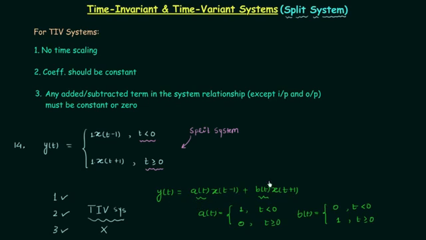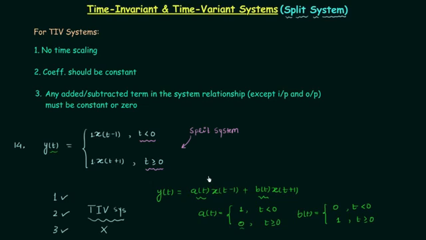When t is greater than or equal to 0, y(t) is equal to x(t plus 1); in this case a(t) will be 0, b(t) will be 1, so y(t) will be x(t plus 1). So the two relationships are the same, and instead of writing it one way, we can write it the other way.